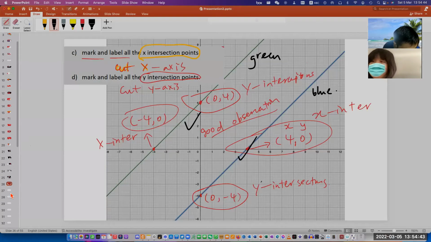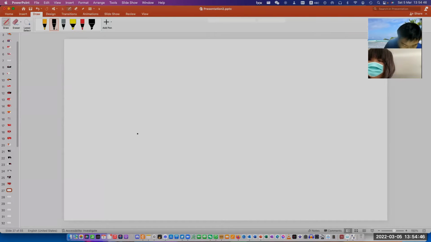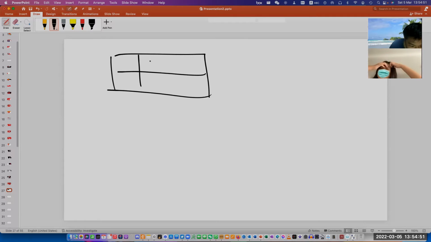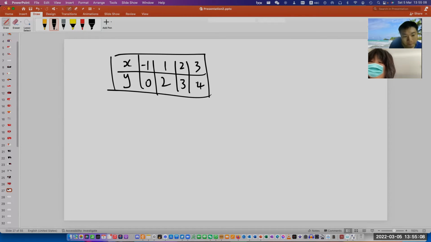Now, we have come to the last part of the lesson. So what if you are given a table, X and Y, and I tell you -1 is 0, 1 is 2, 2 is 3, 3 is 4. And now the question is, I ask you, y equals x - 1 or y equals x + 1.